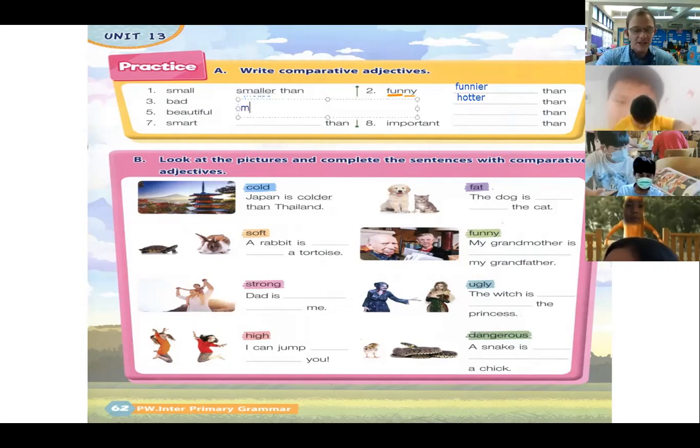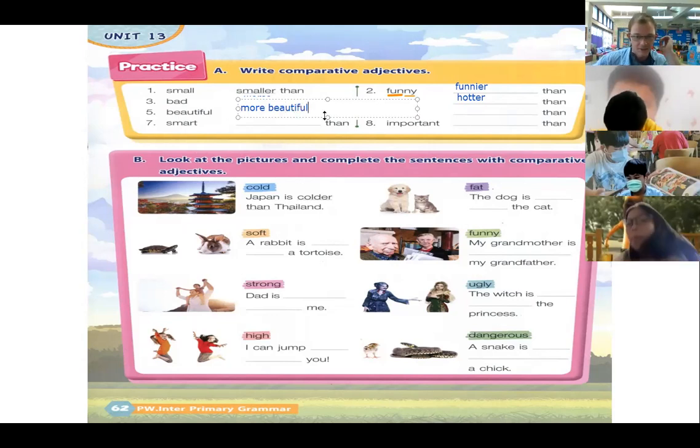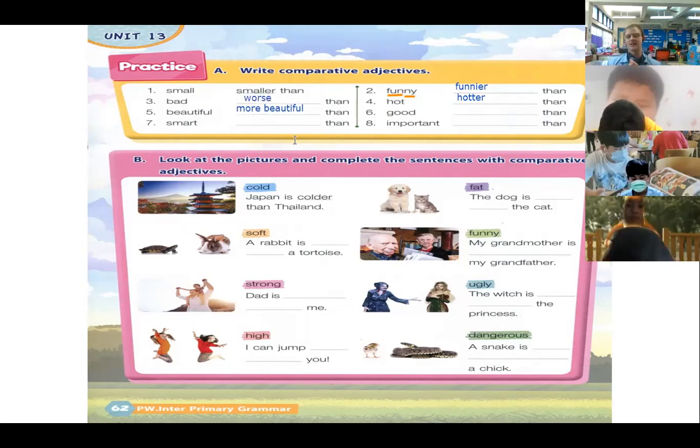We have to add the more in front. So you guys have the correct answer. More beautiful. Excellent. So someone is more beautiful than someone else. But someone like me is the most beautiful.